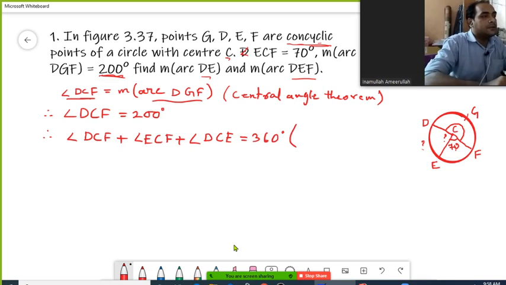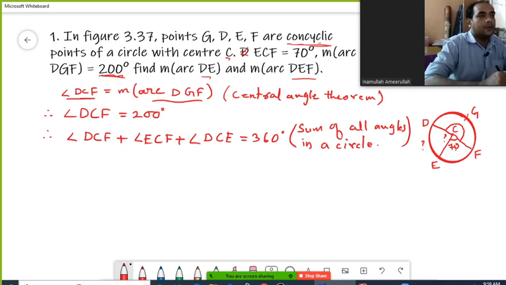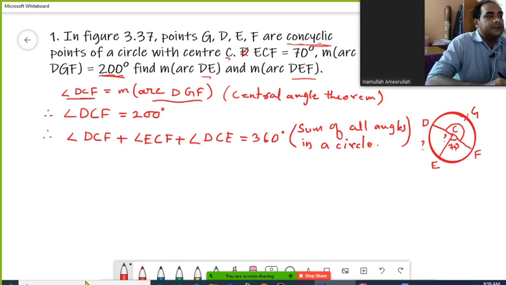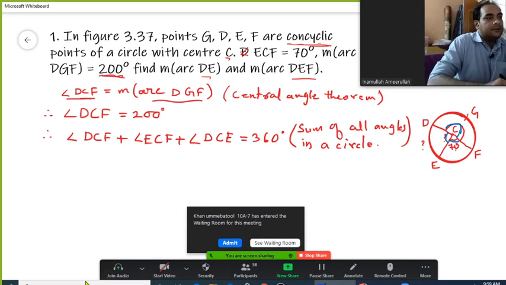Reason: sum of all angles in a circle. First is DCF, this angle, plus ECF, this one, plus DCE, this angle.